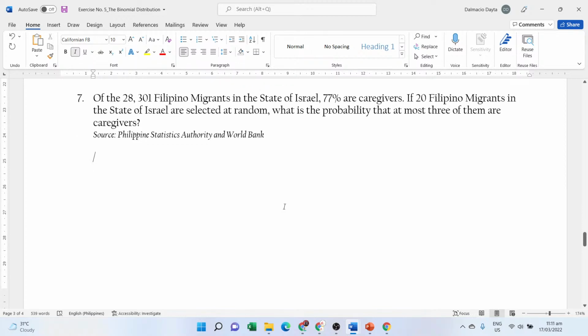Okay, let's solve the problem. So let P be the probability that the Filipino migrant in Israel is a caregiver, 0.77.